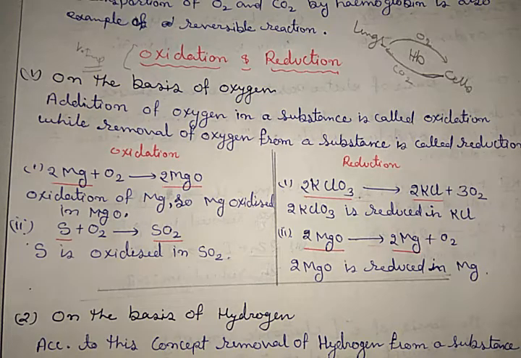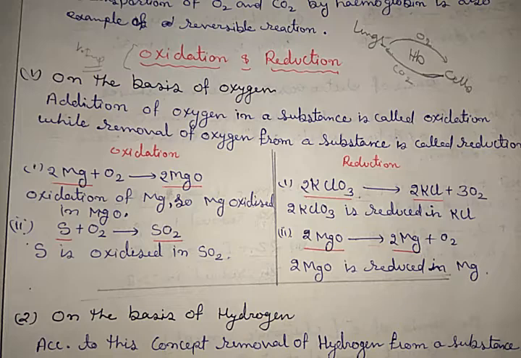And in an incomplete reaction, both oxidation and reduction take place together. To understand it, let me consider one example so that it is clear to you. According to the first definition, addition of oxygen is known as oxidation, while the removal of oxygen is known as reduction.